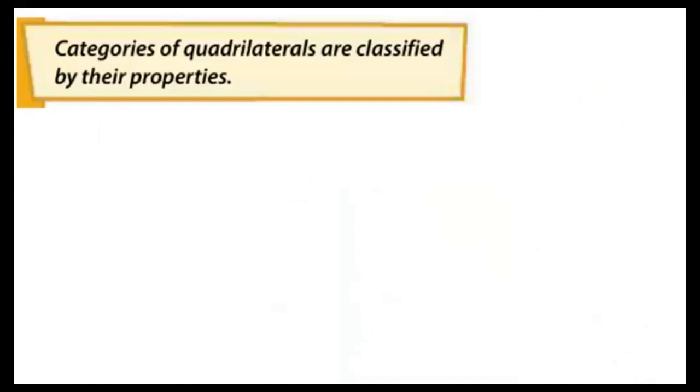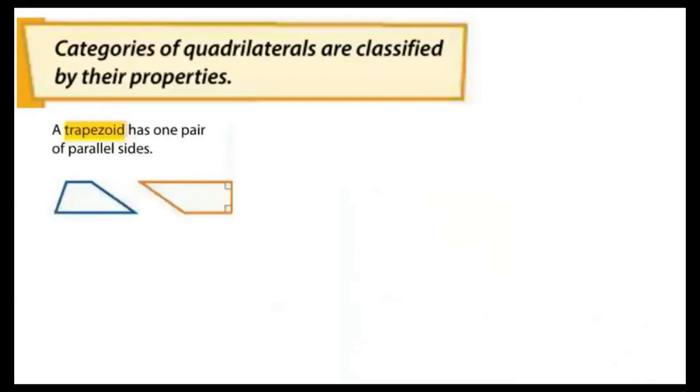Set B: categories of quadrilaterals are classified by their properties. As we mentioned at first, this is the second part in our lesson, how to classify quadrilaterals. Let's listen about the categories of quadrilaterals that we have in grade 5.